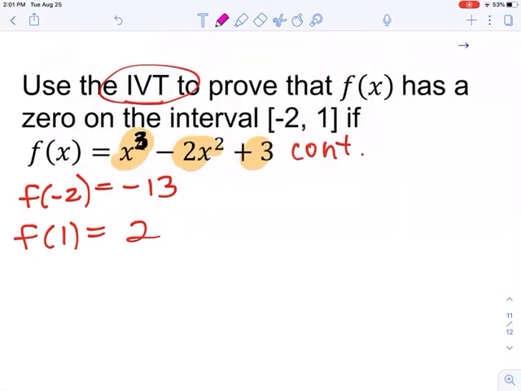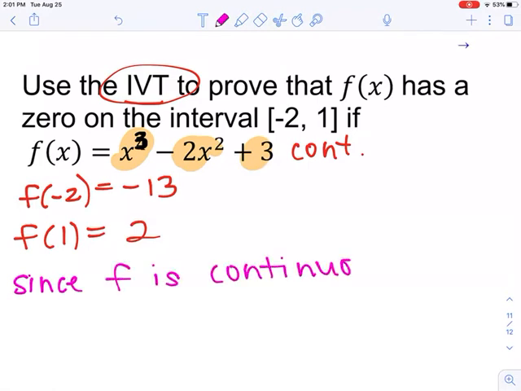Okay, we want to prove that there is a 0. Well, 0 means our function value is 0. First of all, we have a polynomial. We know this is continuous.